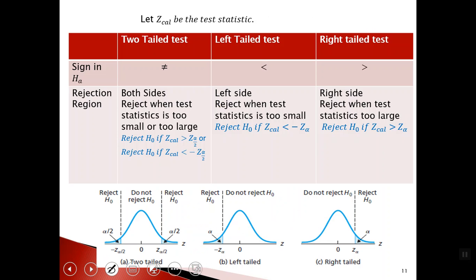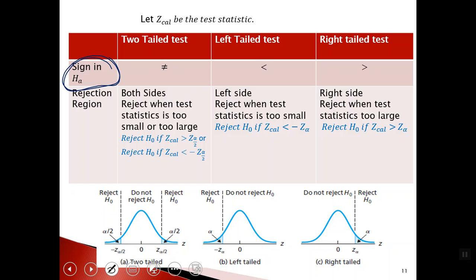I have just drawn this table to give you a clear idea, comparing the two tail test, left tail test, and right tail test, and what is going on here. This is based on HA, your alternative hypothesis.